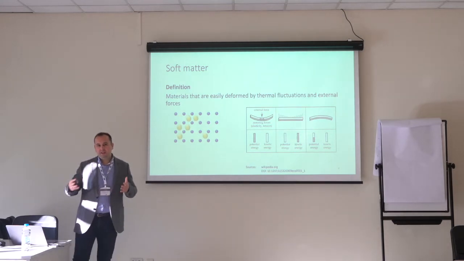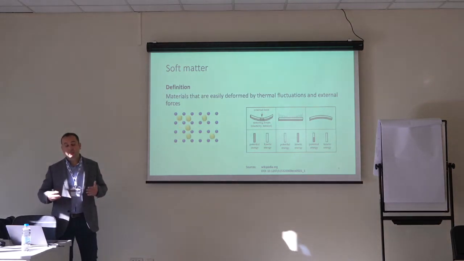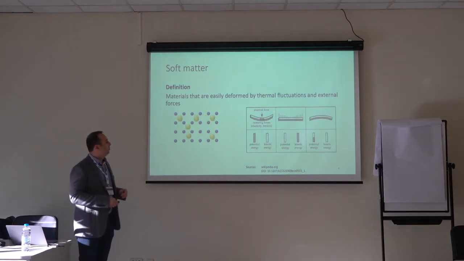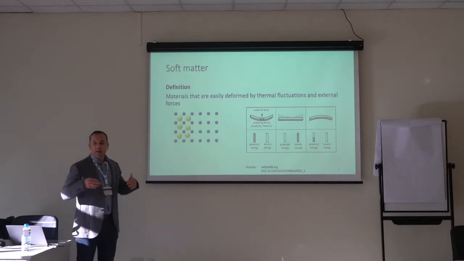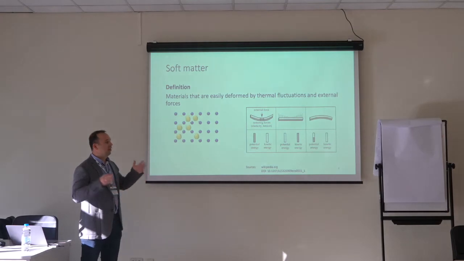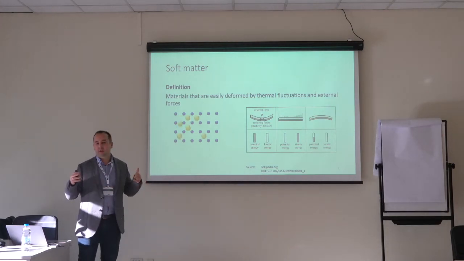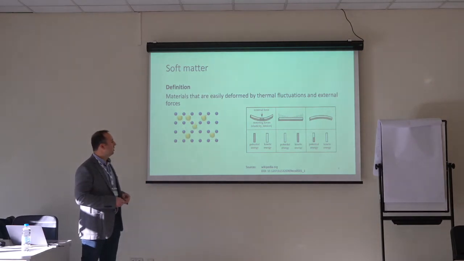That is a huge driving force to deform the material, at least this type of particle material. And by an external force, you apply some sort of force that can be mechanical or another type of force, which I will explain in later slides.